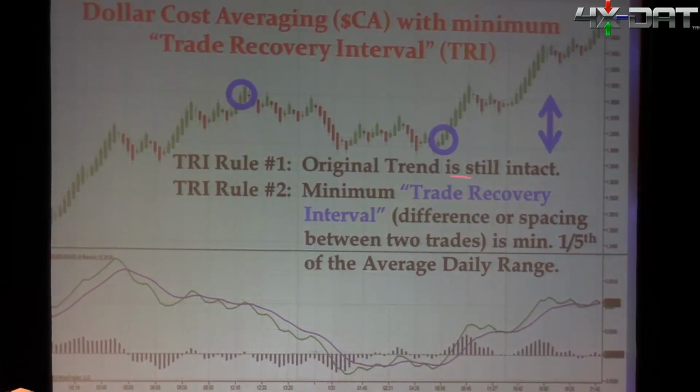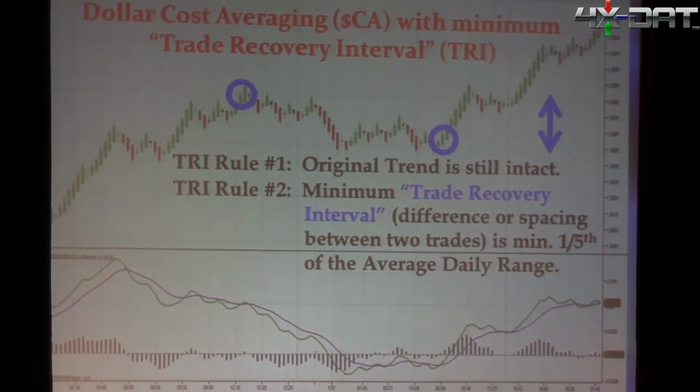All right. So the original trade is intact. That's why you can add onto the position, because this position is naked. Dollar cost averaging, really with this trade interval in place, is important. The trade interval is important to consider on naked trades, not on protected trades.